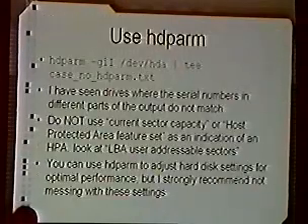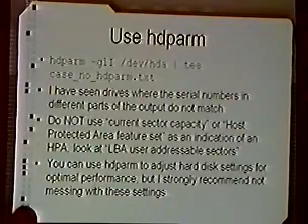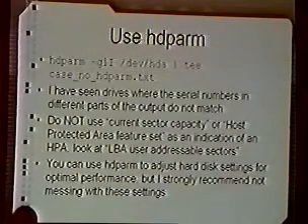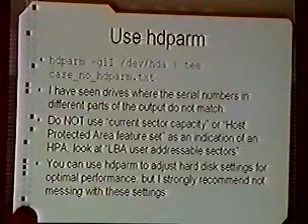Then we're going to use hdparm, which some of you may have heard of for doing performance tuning, but we're going to use it just to get the information off the drive. The options we want to use are dash lowercase g, lowercase i, uppercase I. The order isn't really important, but that's going to give you the geometry of the drive, and it's also going to give you information about the drive.